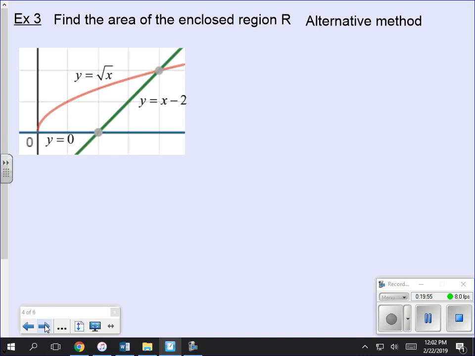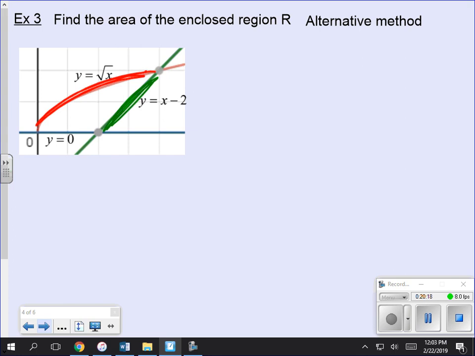I have my upper curve here and my lower curve here. Because with dy, the upper curve is the one that's the farthest to the right. It's the one that has the highest x value as compared to the lowest x value. But I do have an issue.